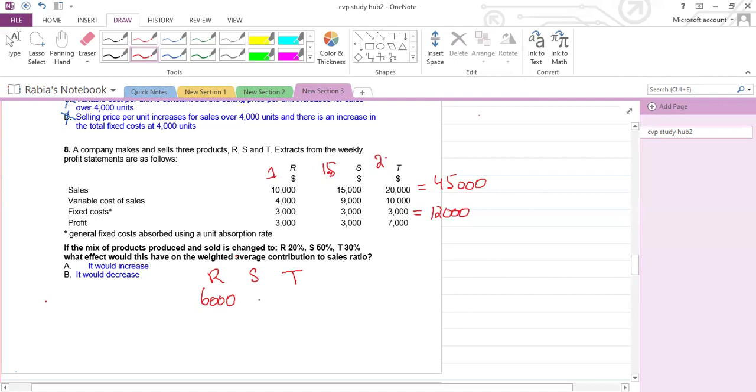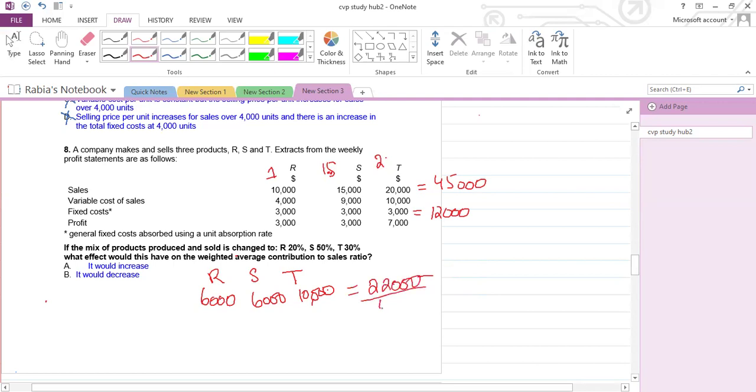Again, 6,000. 10,000. What is your total contribution? It is 22,000.